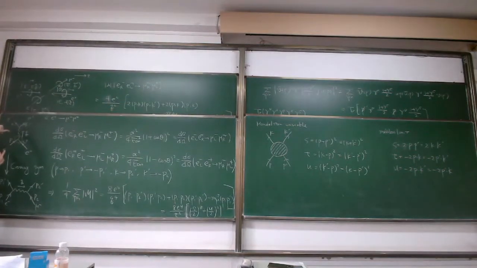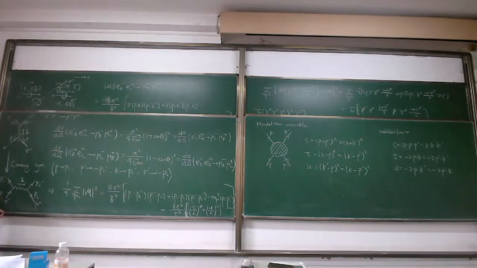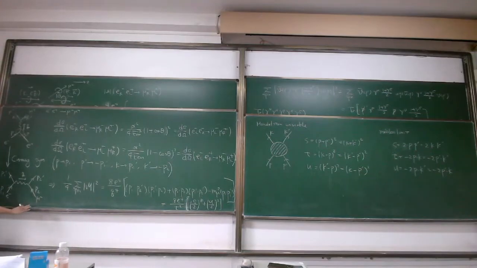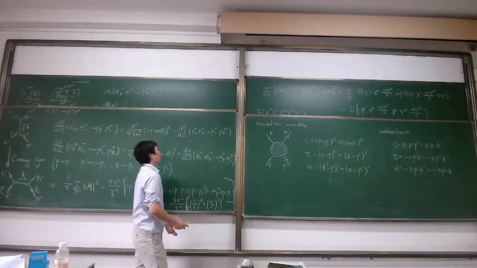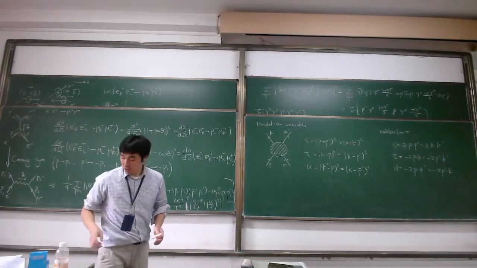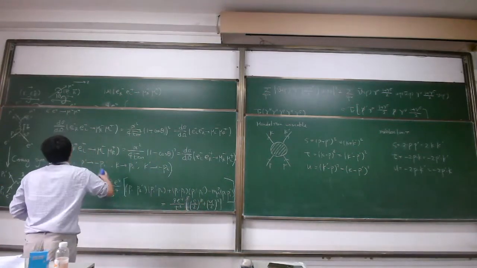If you just take 90-degree rotation, this T become S, and the S become T. S is this one, is indeed become T. So therefore, we just swap these S and T, so therefore, this will give you, let me erase here.